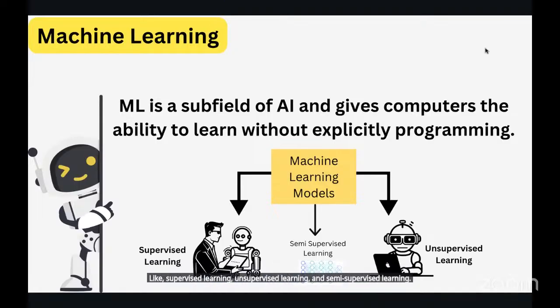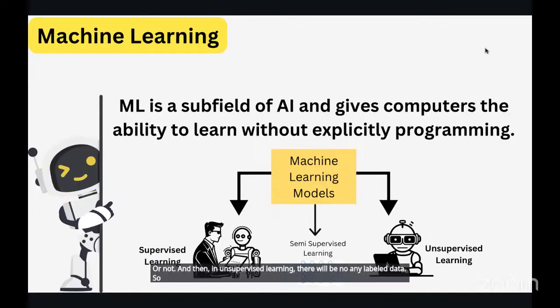Supervised learning works with labeled data, because there is an expert who will show the machines or models, hey, this is a dog, this is the image of a dog. So only discrimination happens there. If you show the image, it will just say whether it is a dog or not. Then in unsupervised learning, there is no labeled data.